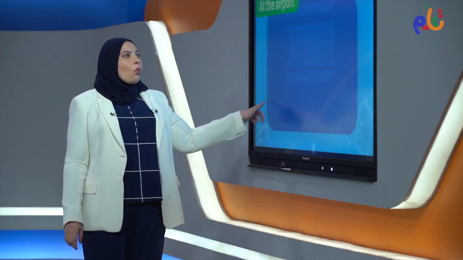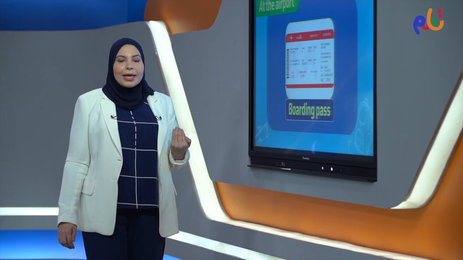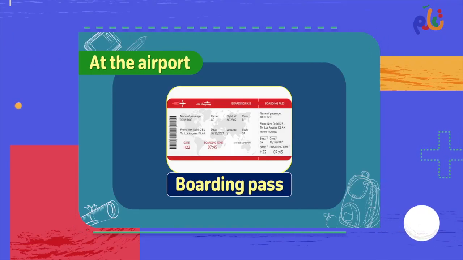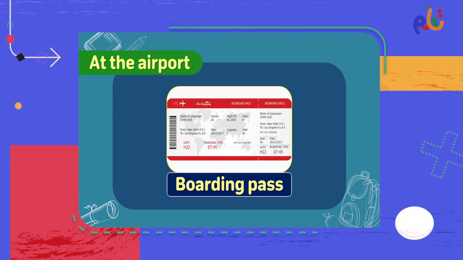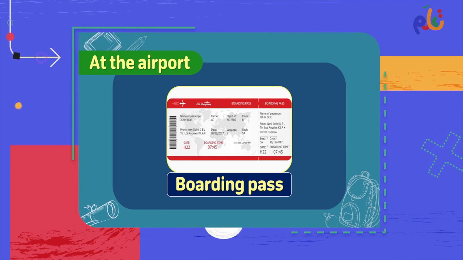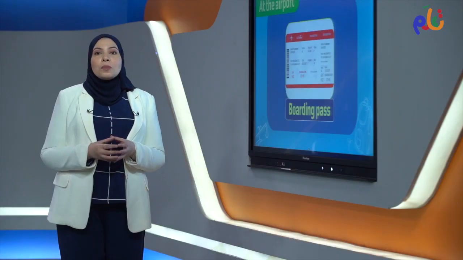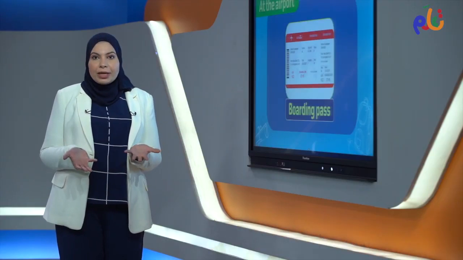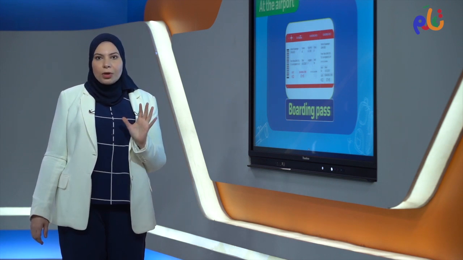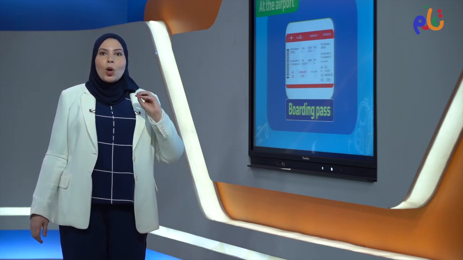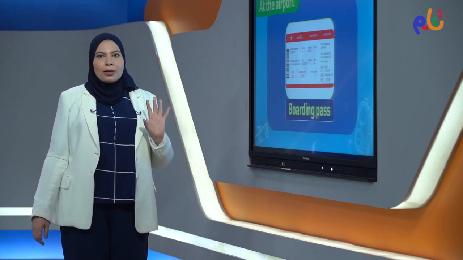And then our next thing is called the boarding pass. The boarding pass is your details on the plane, which means your seat number, for example. So when you get the ticket, it doesn't have a seat number. It tells you that you have a place on this airplane.